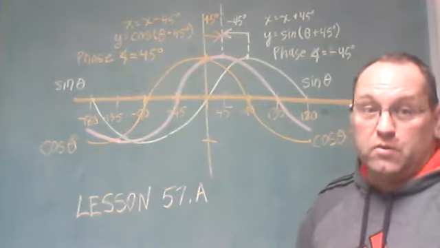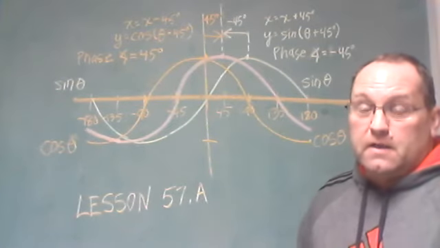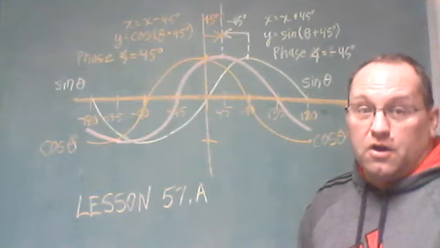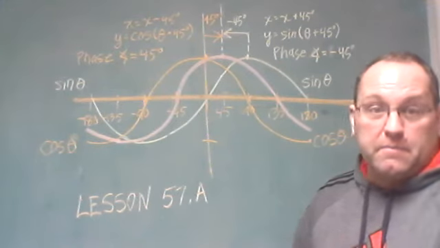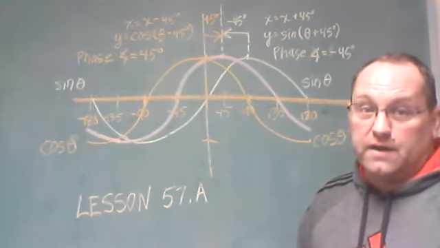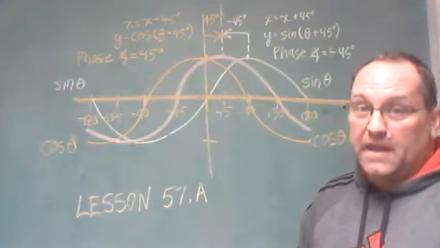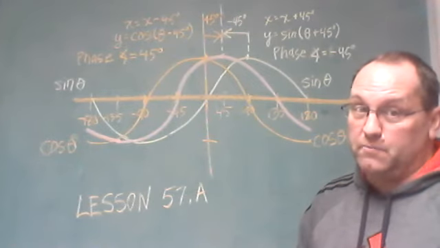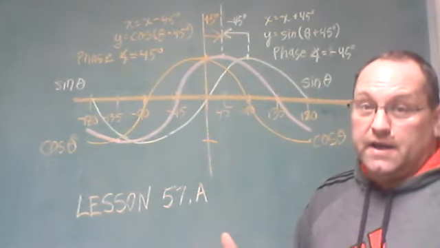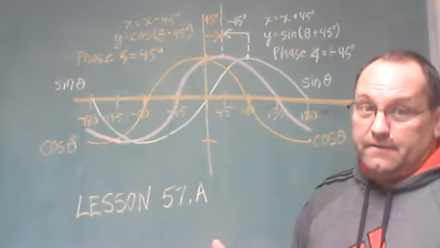It doesn't matter. Now the book will tell you to express a shifted curve basically in the sine function or cosine function. And by the way, they can both also be expressed as the negative.